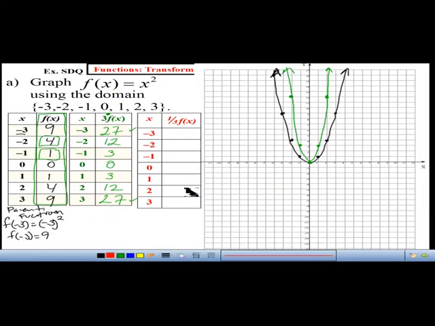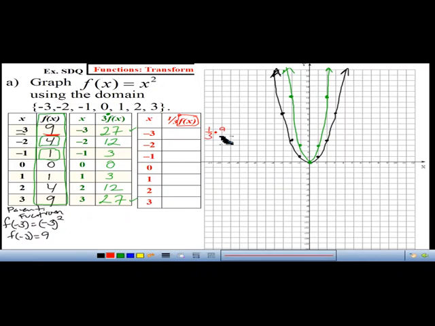What does the red one tell us? 1/3 times f(x), is that correct? So let me show you the first one here. I'm going to write 1/3 times, once again, what was the original f(x) when x is -3? Well, the original f(x) is 9.